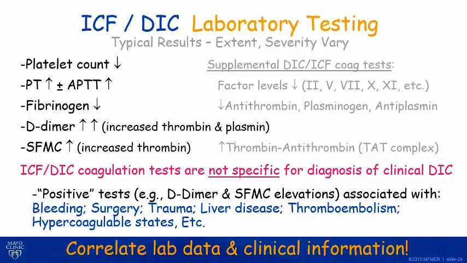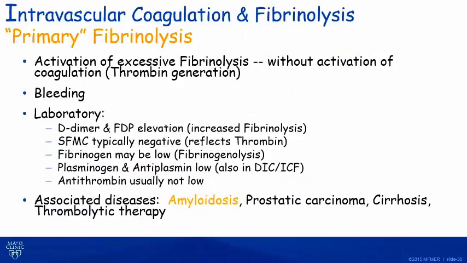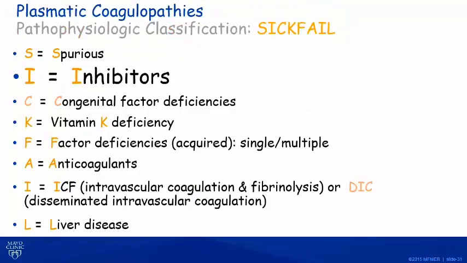The probabilities are mostly based on the combination of laboratory findings. This is something rare, but it occurs where you activate fibrinolysis without generating thrombin first, and the main clinical situation we've encountered is systemic amyloidosis, prostate cancer, and some others.